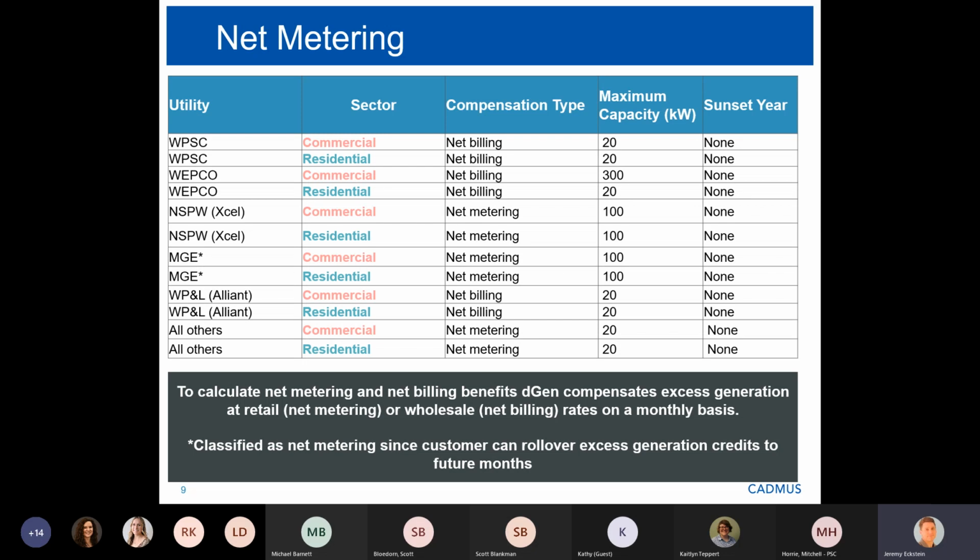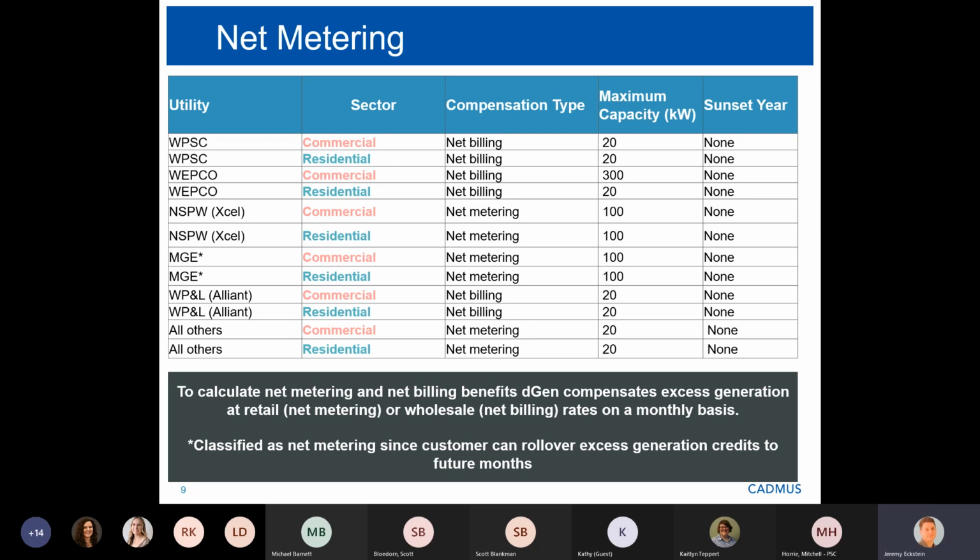These are the baseline scenarios that we're running. We made one adjustment for Madison Gas and Electric to change it to a net metering policy, given that there's banking of credits allowed, which makes it a de facto net metering policy.